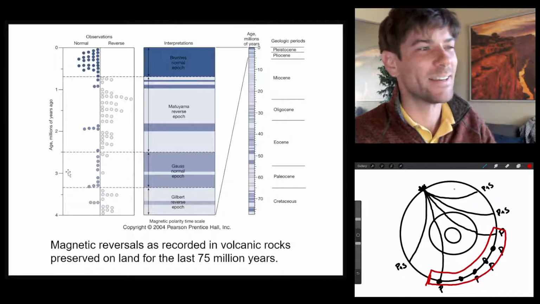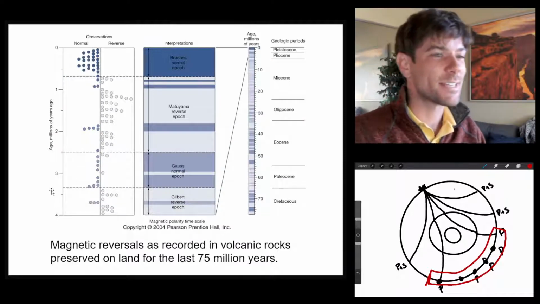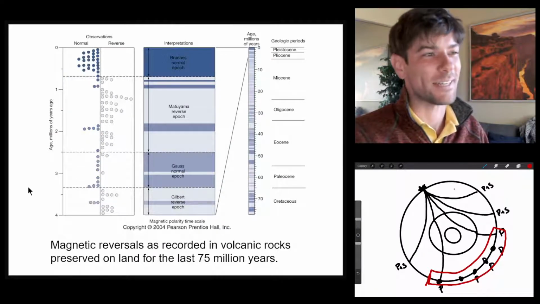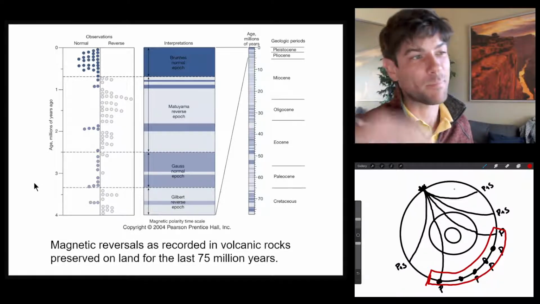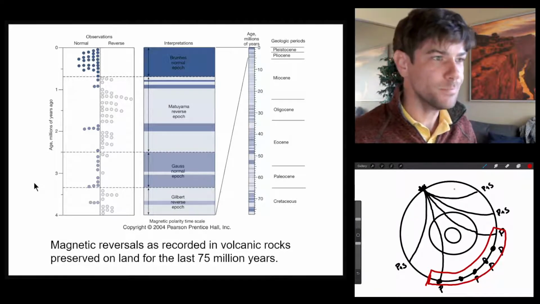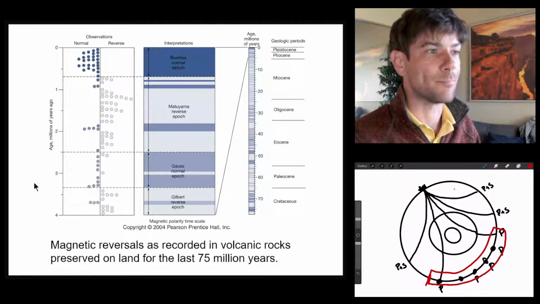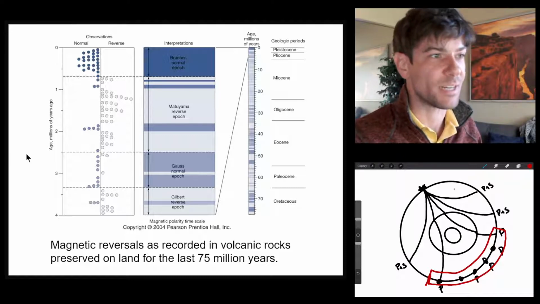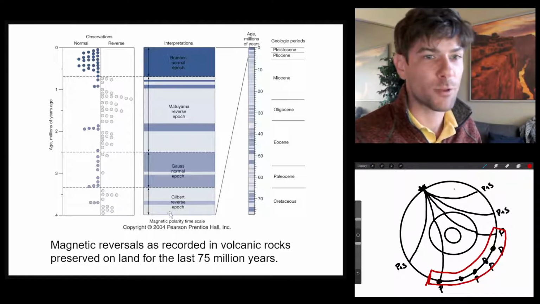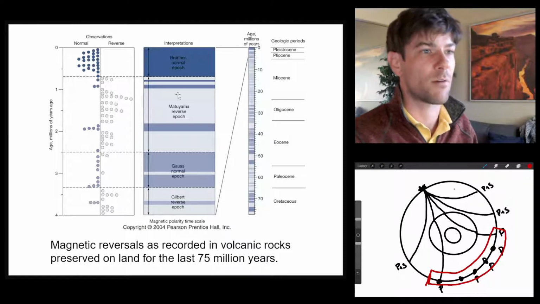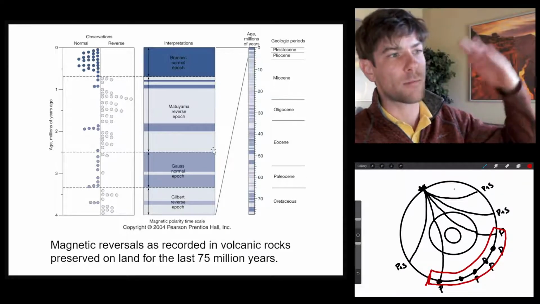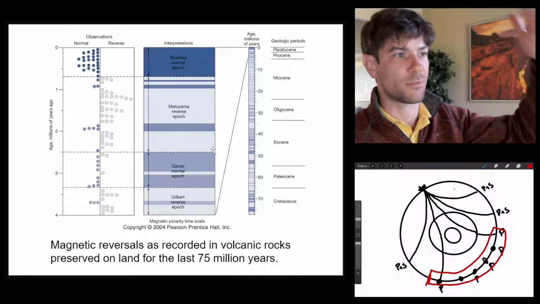Okay, so if you go out into a big stack of lava flows, and you measure the magnetic orientation as you move up through this pile of lava flows, just one flow on top of another, on top of another, right?